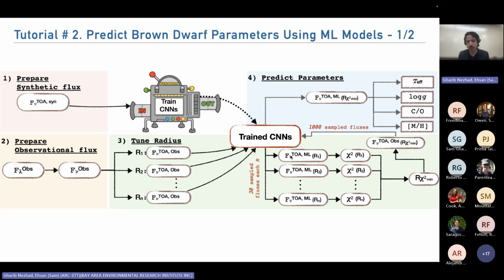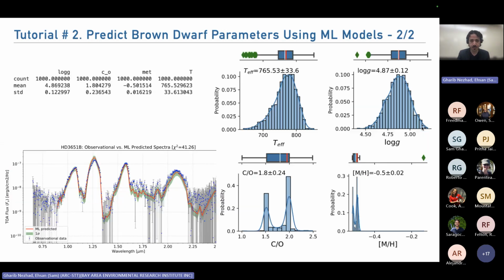Based on the flux generated by machine learning, by CNN, you calculate the chi-square between the predicted ML flux versus the observation, and you find the R at which the reduced chi-square is minimized, and then use that in the next step to do the prediction.